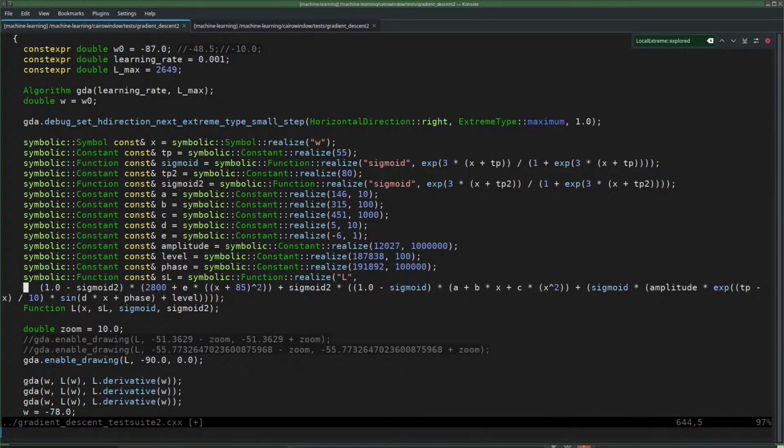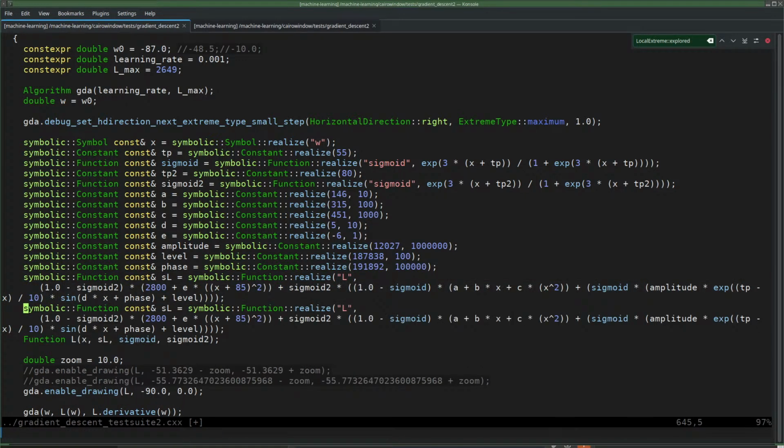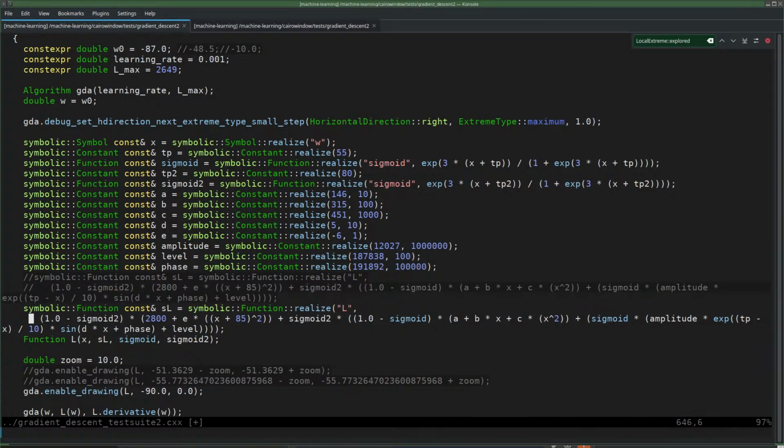Okay, 2 lines in. Let's comment this one out, and then we remove sigmoid 2. As in, we set sigmoid 2 to 1, I suppose.